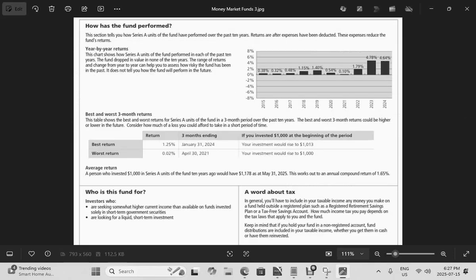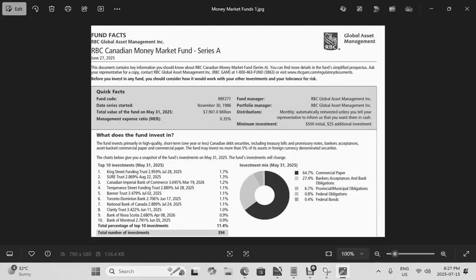Apart from the low risk, you also have a lower return than some of the high risk ETFs, so the return may be low as well because of the amount of risk. So 4.64%, the latest return on investment, 2024. This is basically your money market fund, offered by a bank such as RBC, and this is part of your M2.